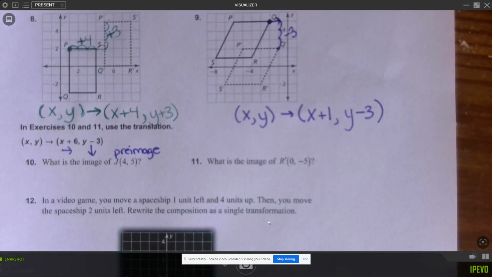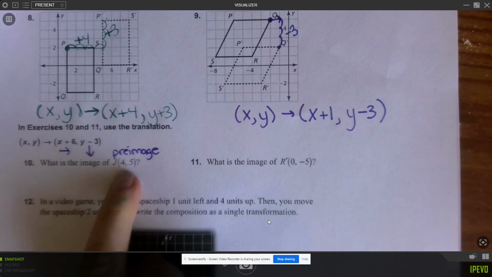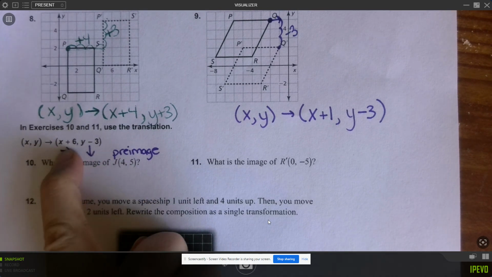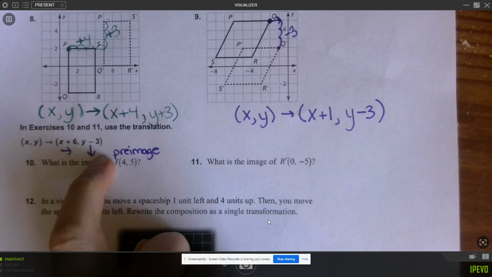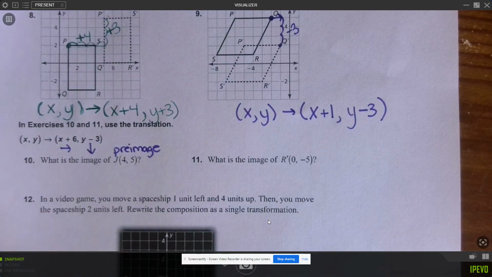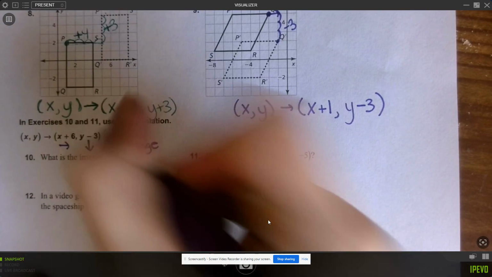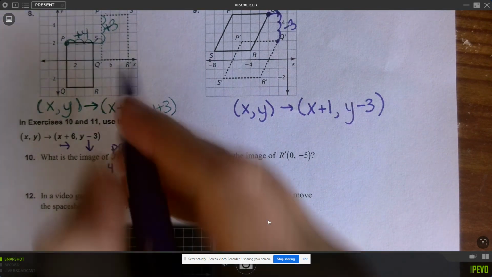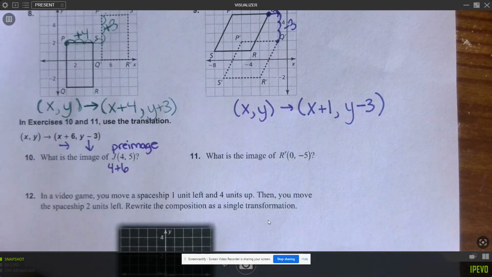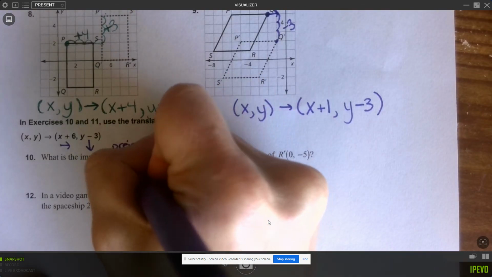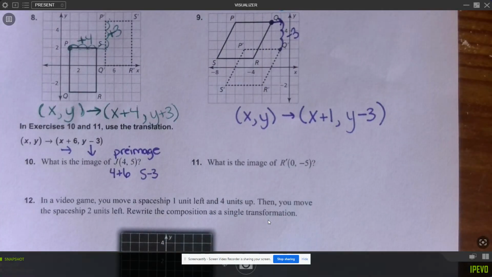So all we've got to do is take our x and y coordinate of our pre-image and add 6 to the x coordinate and take away 3 from the y coordinate. So 4 plus 6 will be what we do to get our new x coordinate. And 5 minus 3 will be what we do to get our new y coordinate.